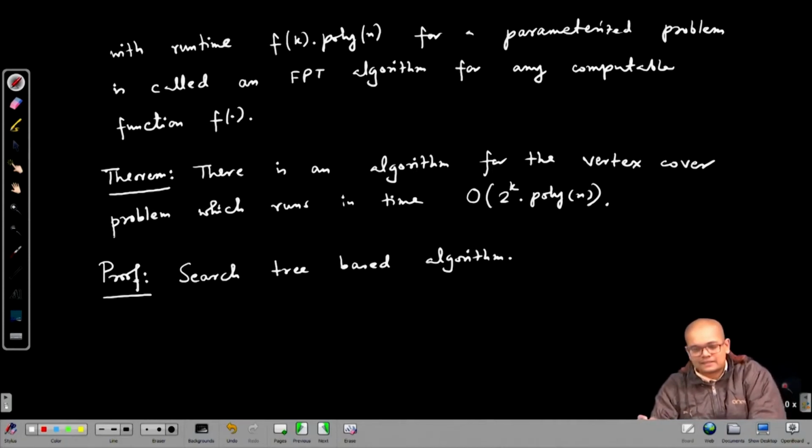What it does is that it picks an edge, because that edge needs to be covered, and that means that one of its two endpoints must be picked in the solution. So it tries both the possibilities.